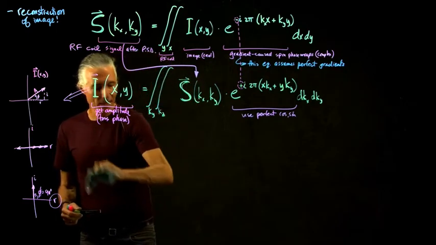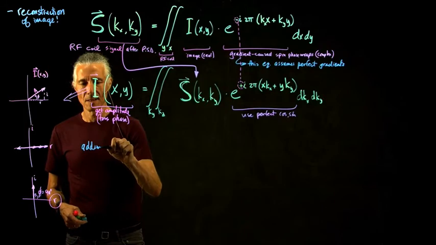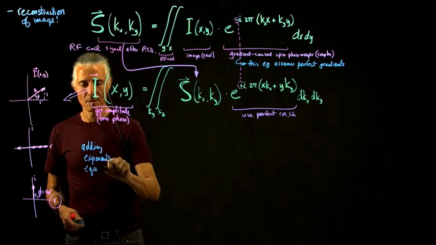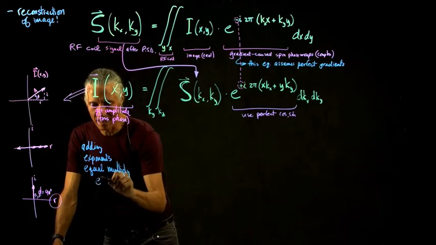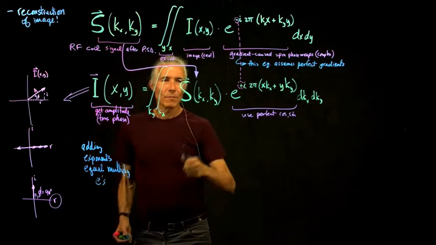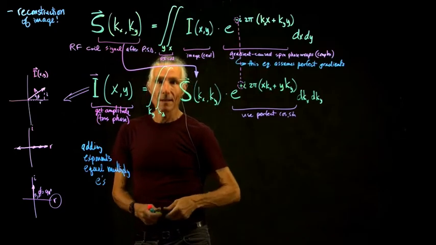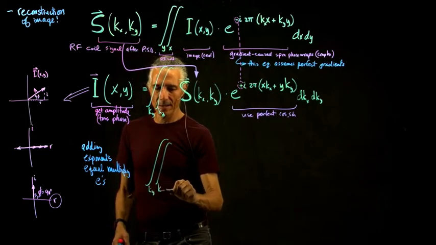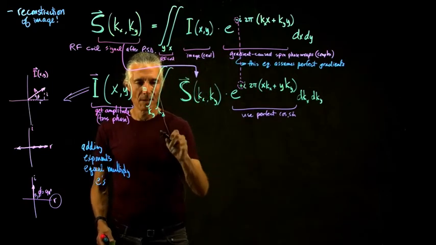remember, adding exponents is the same as multiplying e's. So we could rewrite this one out as we sum over the ky, kx. Let me put that up a little bit higher, because I want one under it.